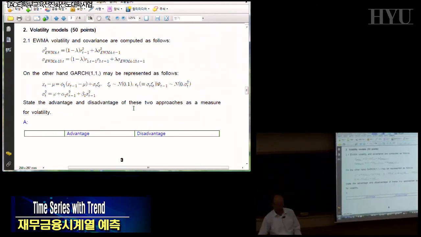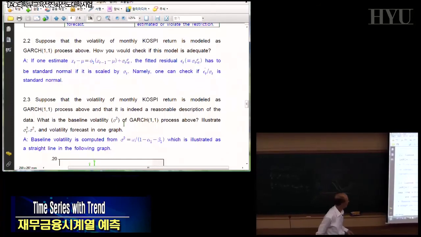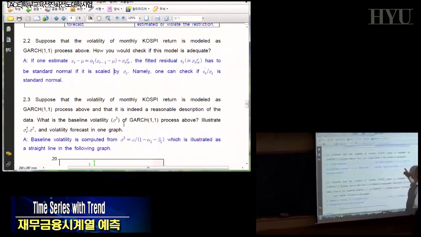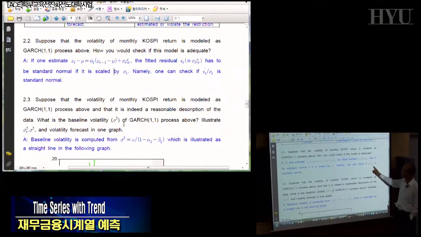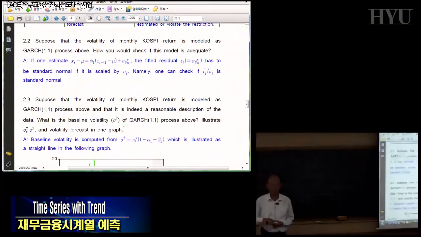So let's take a look at how I described it. Epsilon t divided by sigma t, which you computed, is a proxy for psi t, and you can check whether it looks like it is standard normal. How to check whether it is standard normal?